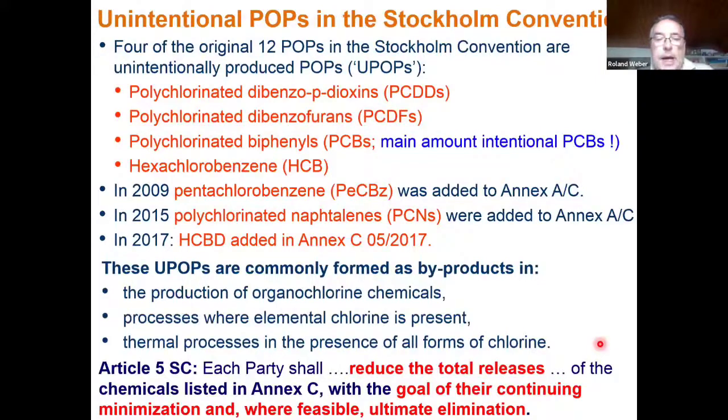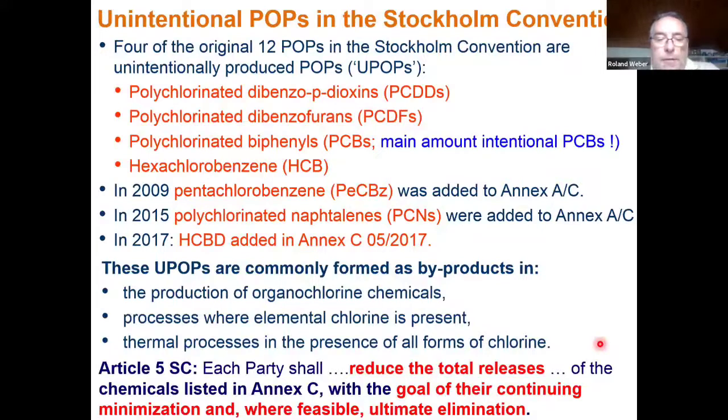So these unintentional POPs are commonly formed as byproducts in the production of organochlorine chemicals, in processes where elemental chlorine is present, and as you know best, thermal processes in the presence of all forms of chlorine.